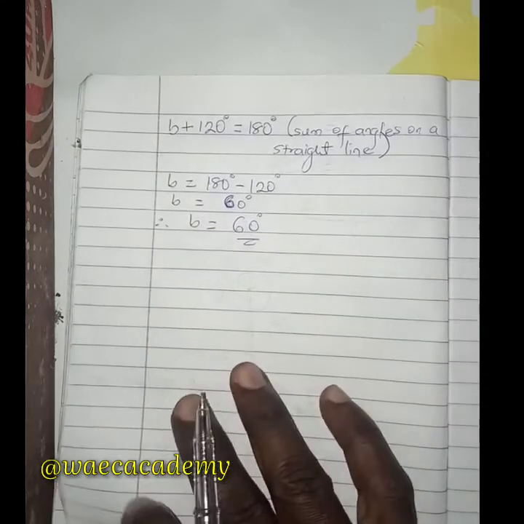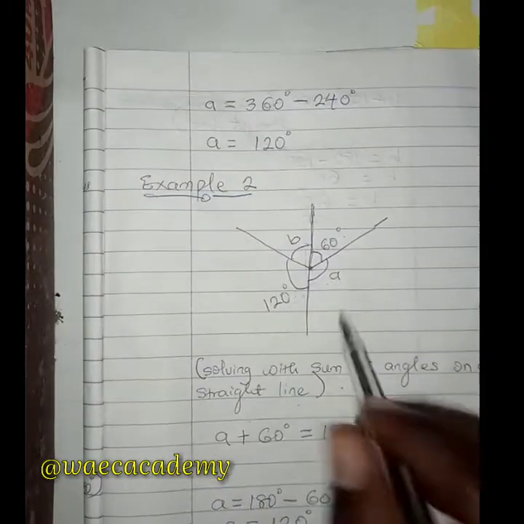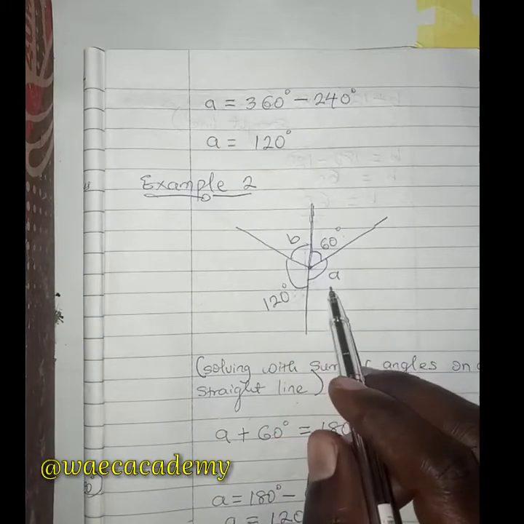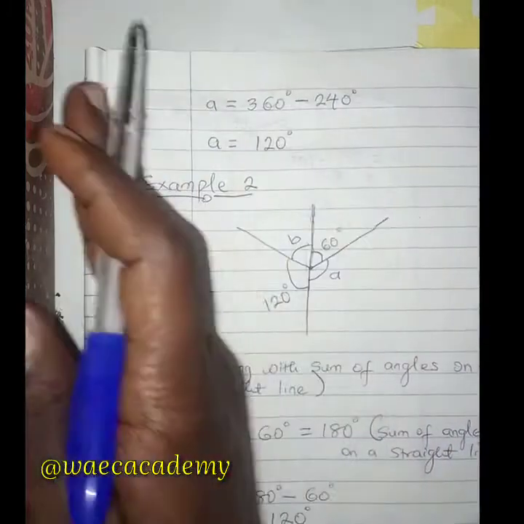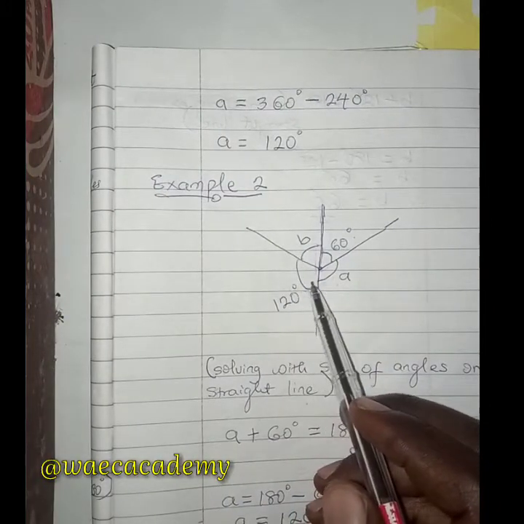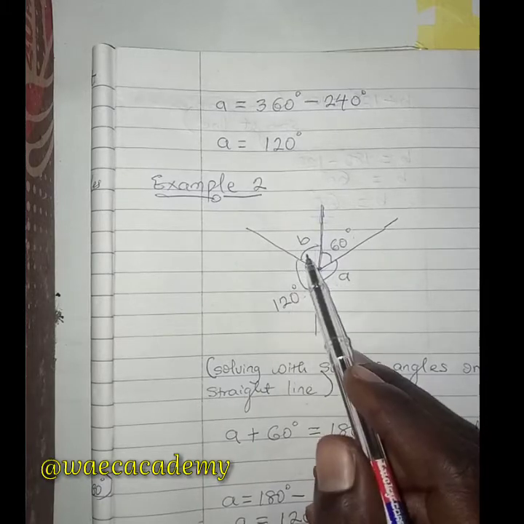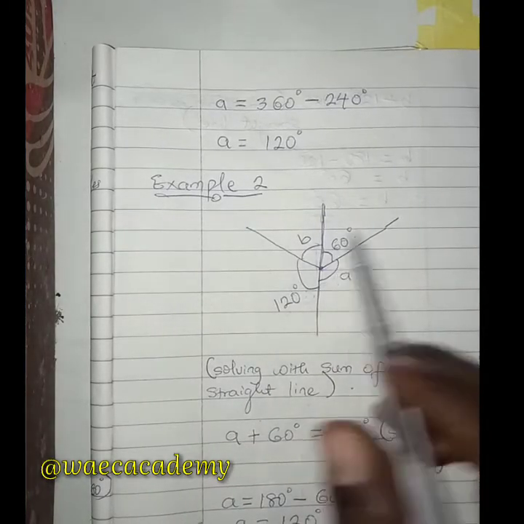On the right side of the straight line, we have just one variable: one given, one not given. Only one is not given, so it's easy to solve. On the left side of the straight line, we have two different angles. One is given, the other one is not given. Easy to solve. With this, we have been able to solve for A and B.